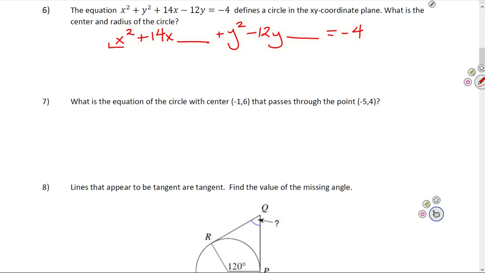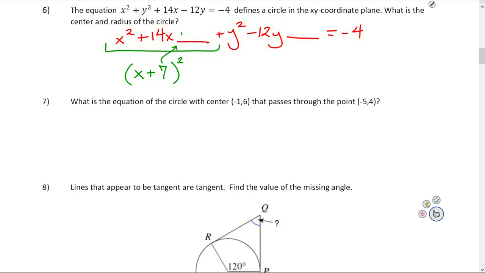I want this to be a perfect square trinomial, and the one it will be is the same variable x, and then half of 14 is positive 7, squared. That's what it has to be. So I took half of 14, and in order to get that, I will need the number here to be 7 squared.